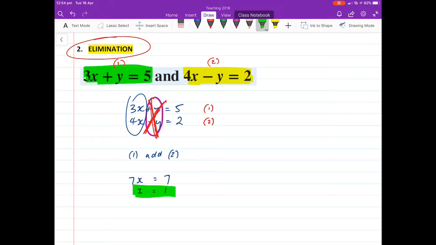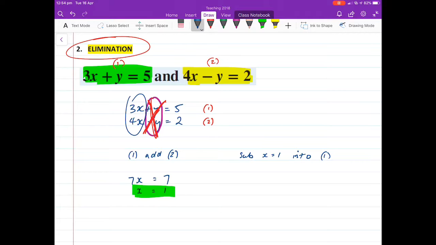All we need to do now is write another little note for ourselves here, and we're going to go and sub x equals 1 into either of those original equations. Now, the first one looks easier because we've got no negatives there. No one likes working with them. So we are going to go and sub x equals 1 into equation 1.